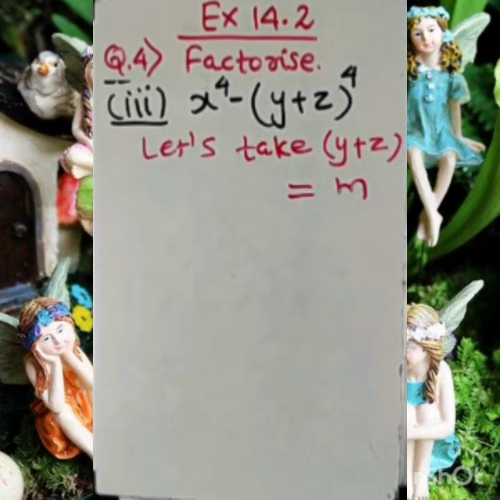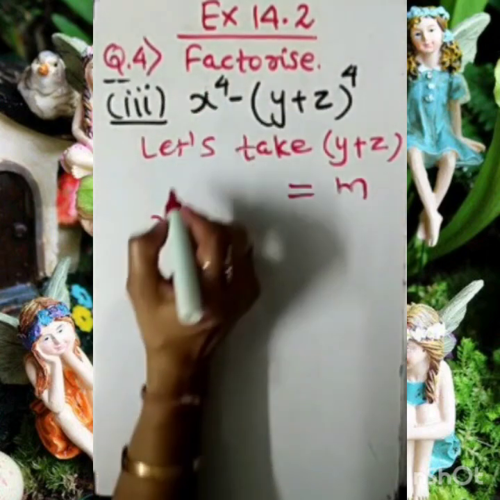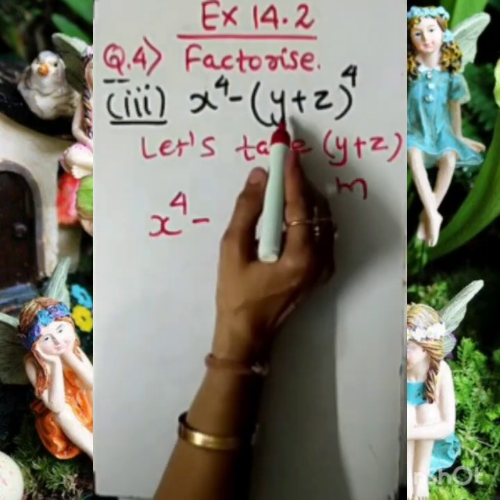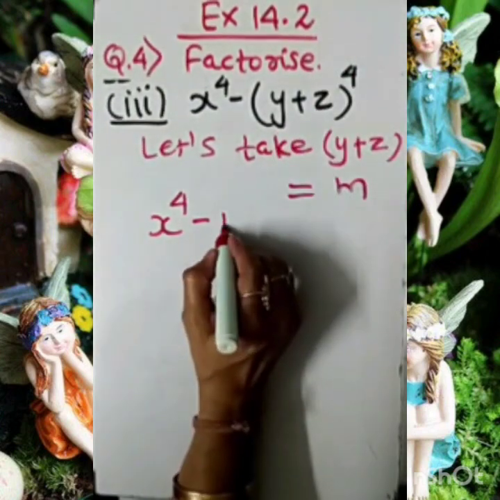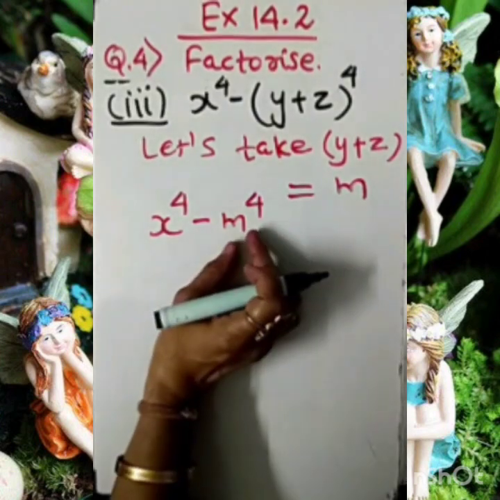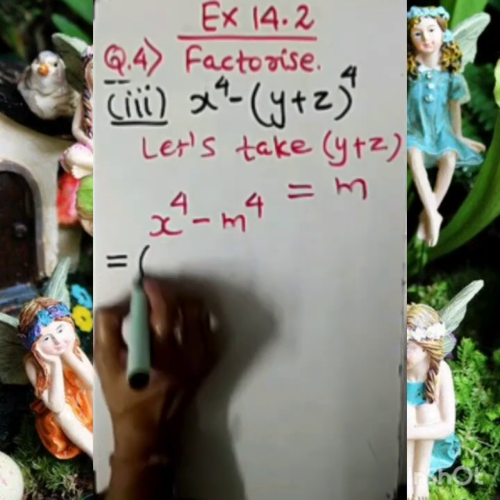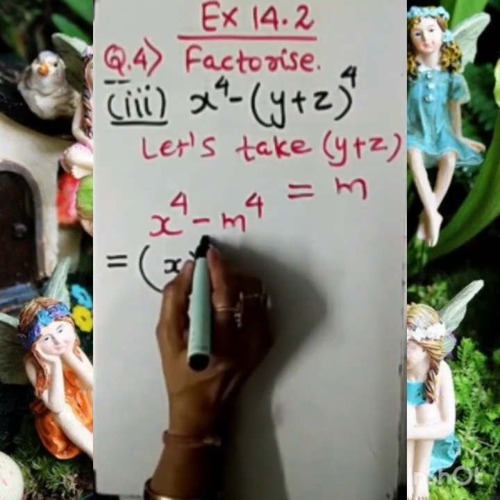Y plus z we are considering m. So our expression will become x to the power 4 minus m to the power 4. Nothing I did, only in place of y plus z I substituted m. So the next step will be x to the power 4 is already there.